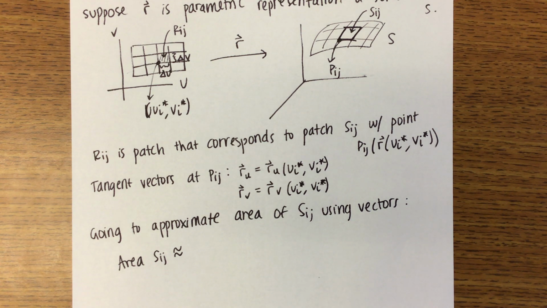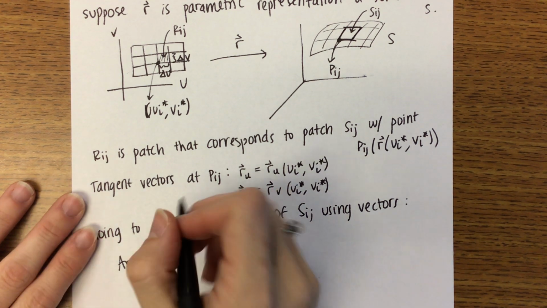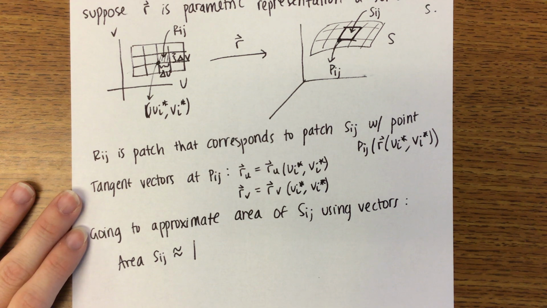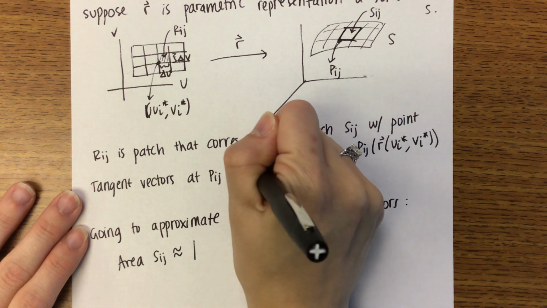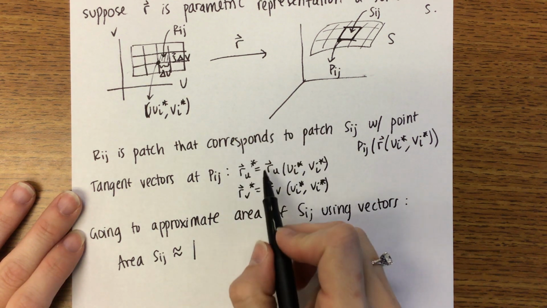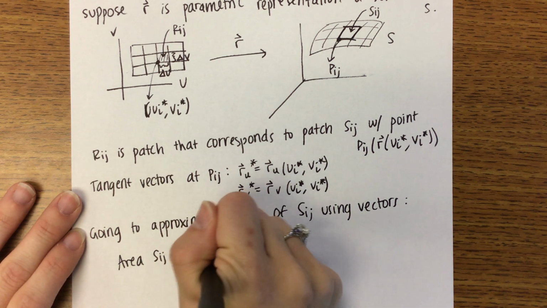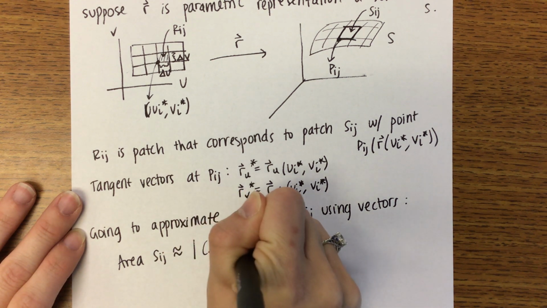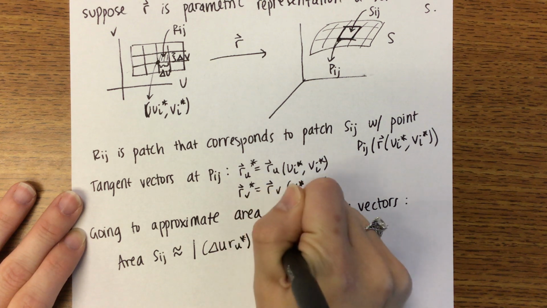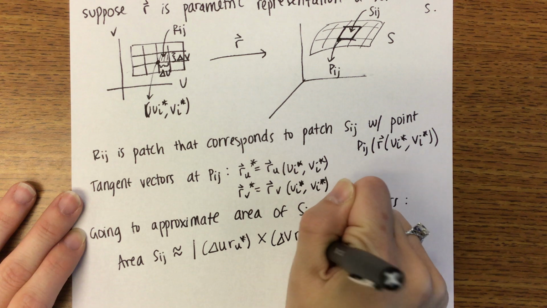Cross product, the magnitude of the cross product specifically. Oh, these are stars here. Sorry, put a star on those. So it's going to be delta u r_u star, crossed with delta v r_v star.